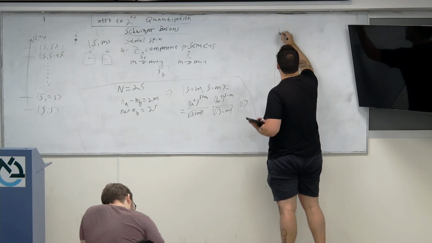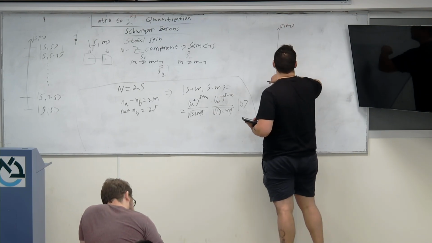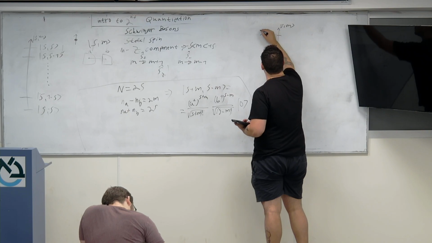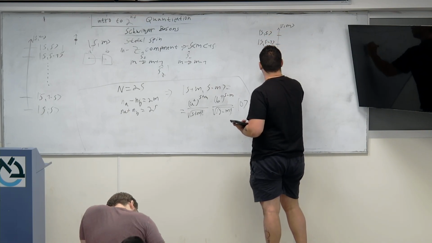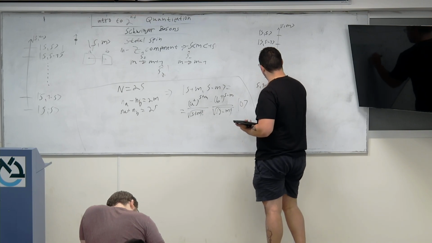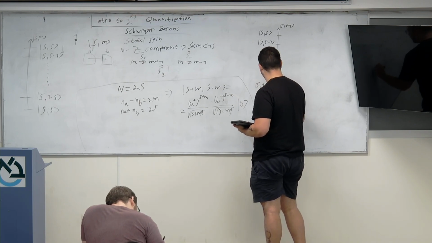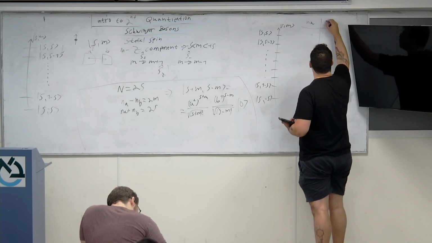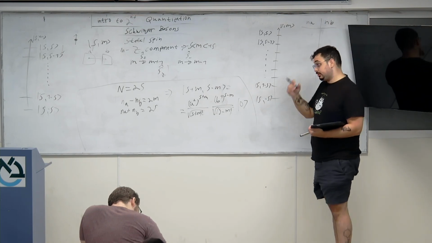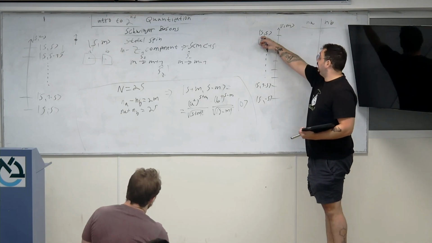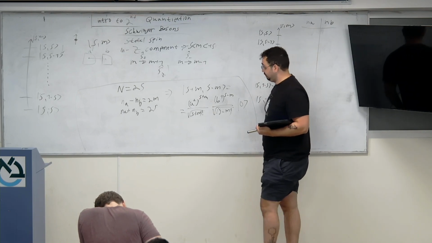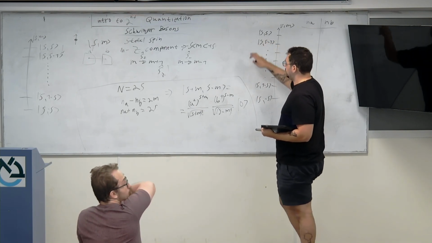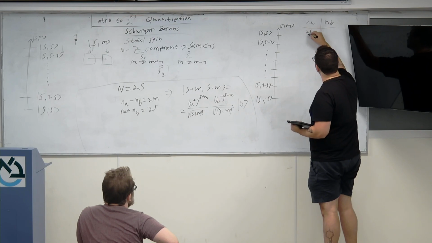Let's again write the spin state here on the side, just so we have it in contrast: S, S minus 1, down to 1 minus S. So for the two-particle system, I will write a table with the number of particles in A and the number of particles in B. The first one, we can see that M is equal to S, so we'll have 2S and 0.